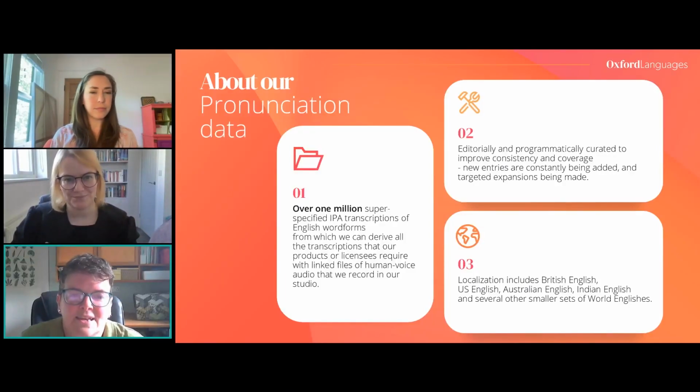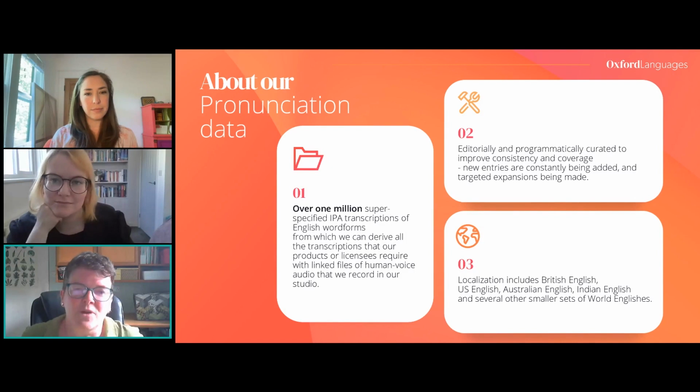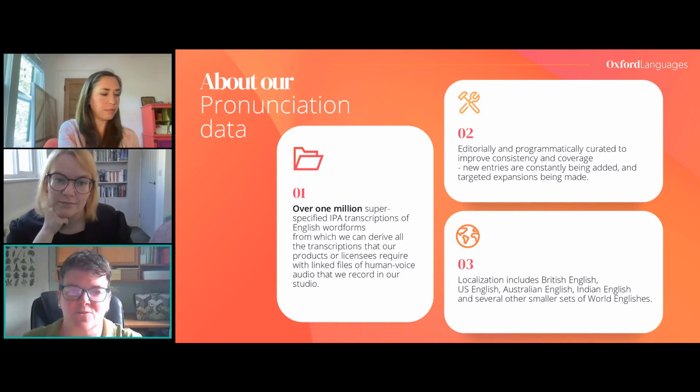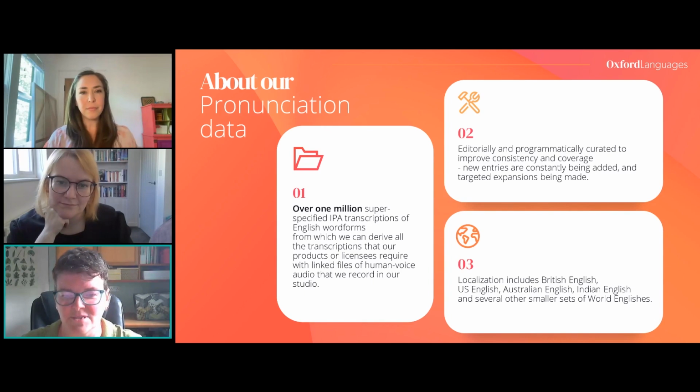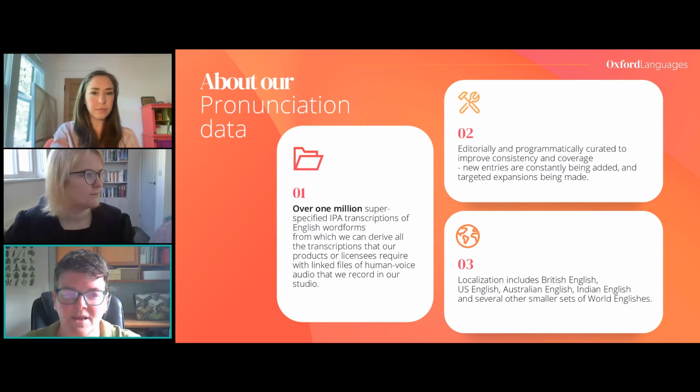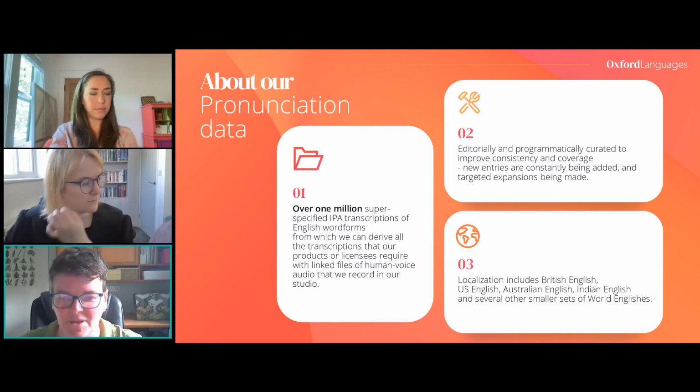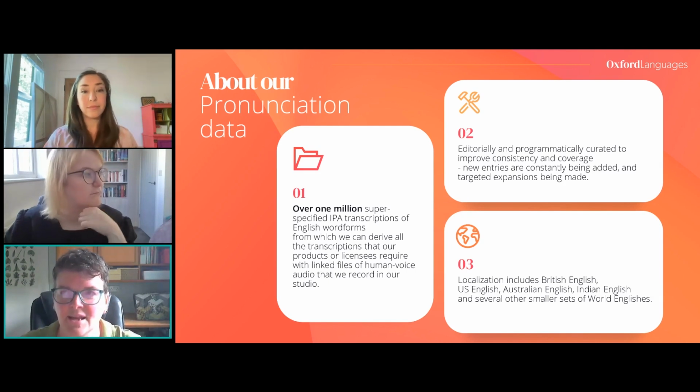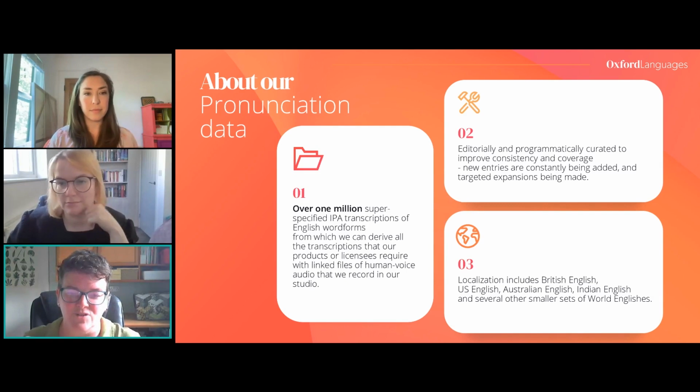Before I go through the points in the slide, I'll just talk about IPA for a minute. IPA transcriptions, we offer them in what we call a super specified version, which sounds a little bit complicated, but just to unpack it slightly, our different dictionaries, even within the dictionaries that Oxford University Press produce, have certain historical differences in how the specific IPA models are chosen.